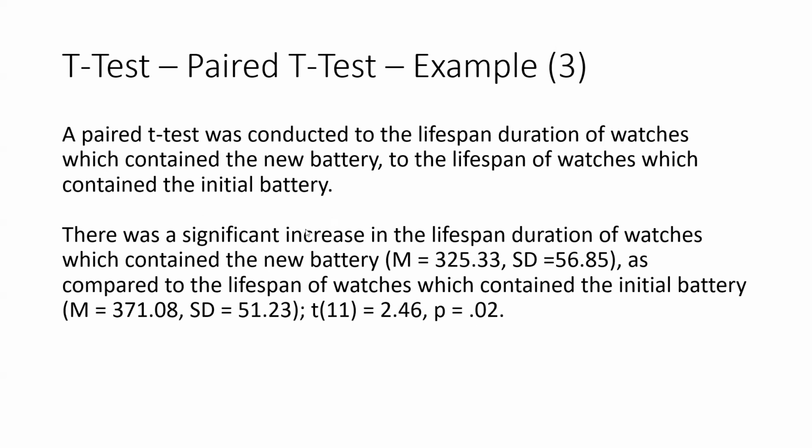More on that in later lectures. There was a significant increase in the lifespan duration of watches which contain the new battery. So here's the new battery mean, the new battery standard deviation, as compared to the lifespan of the watches which contained the initial battery. Initial battery mean, initial battery standard deviation, degrees of freedom, t-value, p-value. Two significant figures in each instance, okay?